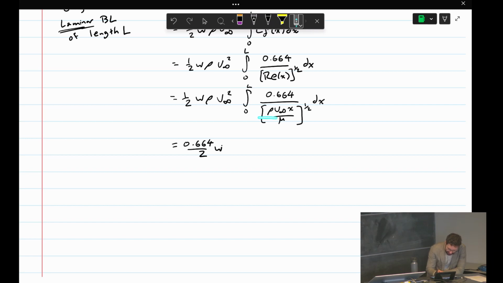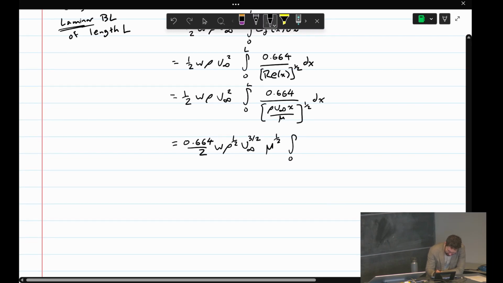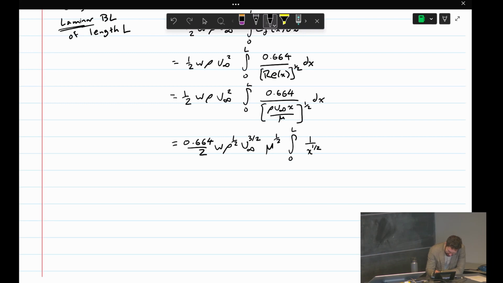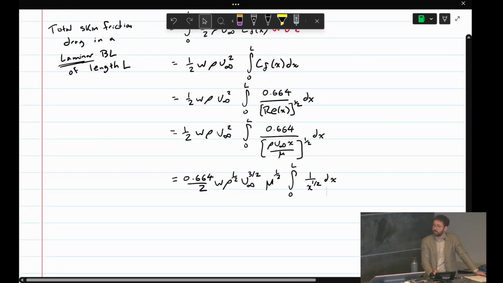What we can do as well is combine some of these constants in the Reynolds number of x with these constants that are out in front. Then we have the integral from 0 to L of 1 over x to the half. So this is a relatively simple integral, but this is basically how you find the force on the plate by integrating the skin friction coefficient.